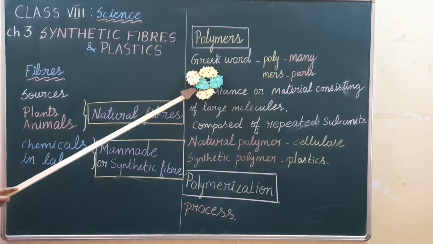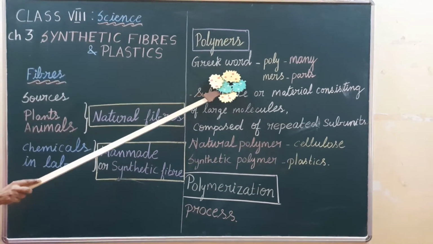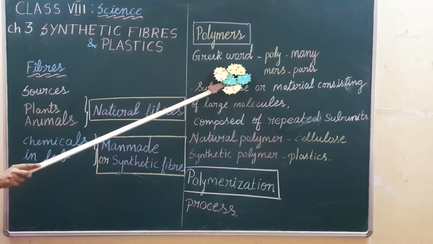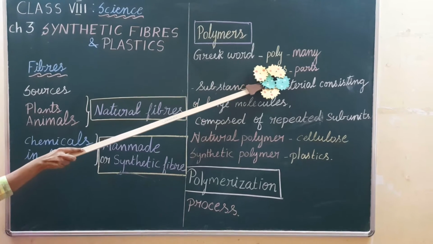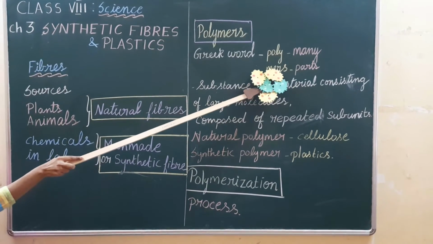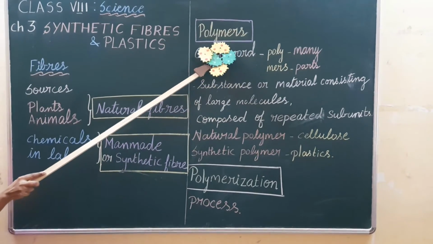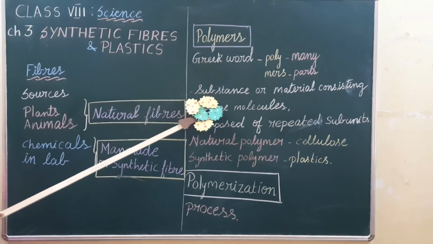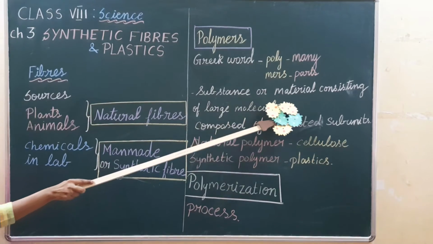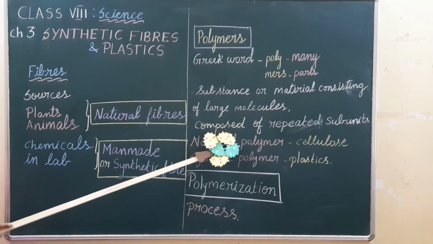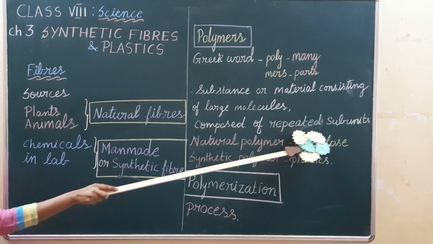The word polymer is actually derived from the Greek language, where poly means many and mers means part. So what is the actual definition of a polymer? A polymer is a substance or material consisting of large molecules composed of repeated units.